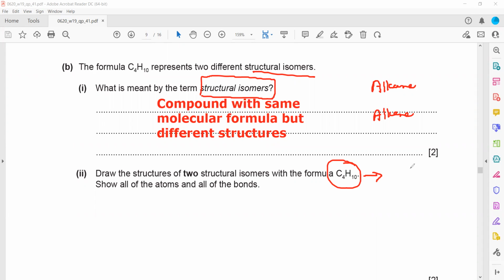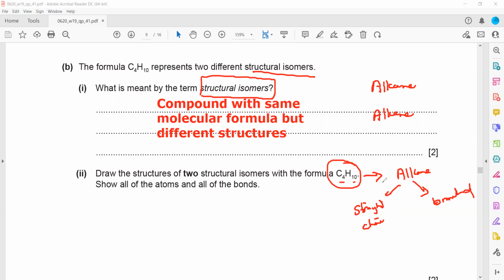Because the number of hydrogens is 2n plus 2, that's why it is an alkane. Whenever you draw the isomers of an alkane, we try to draw in two ways. First, we draw a straight chain. And the second one, we will make a branch.